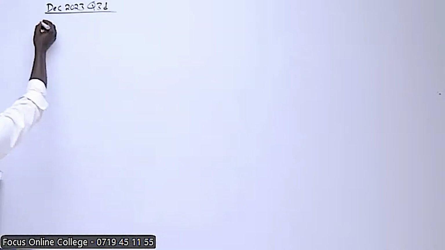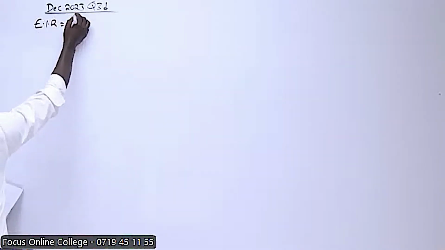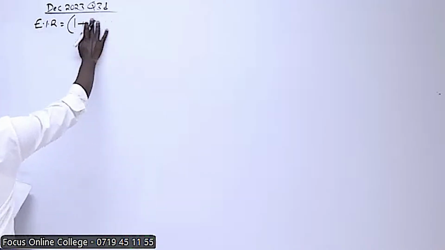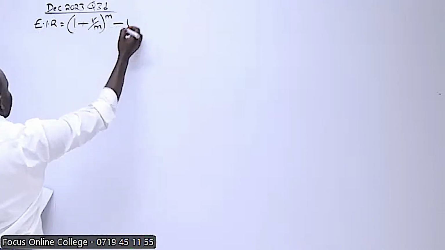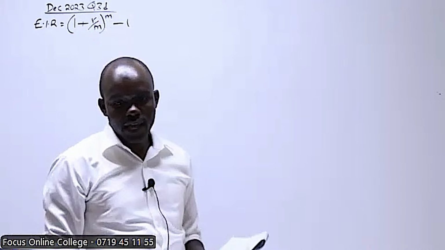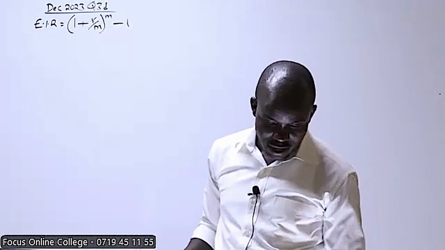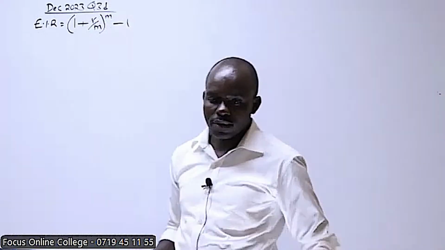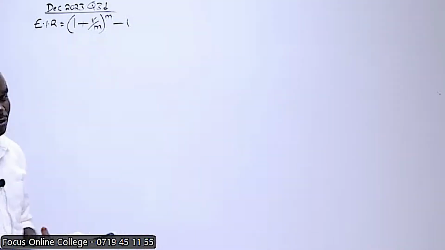So the effective interest rate is equal to (1 plus R over M) power M, minus 1. That is how we compute the effective interest rate, unless I'm getting the formula wrong, but that must be correct.